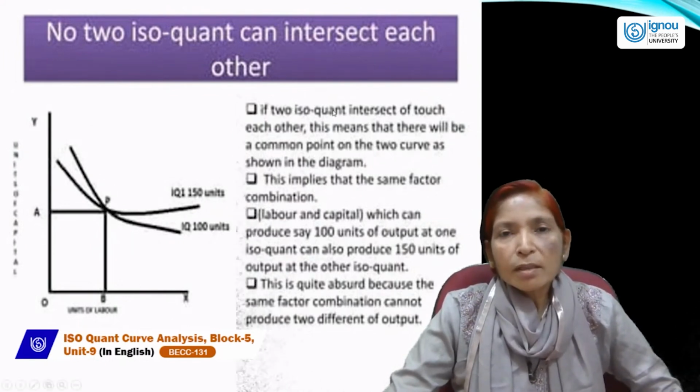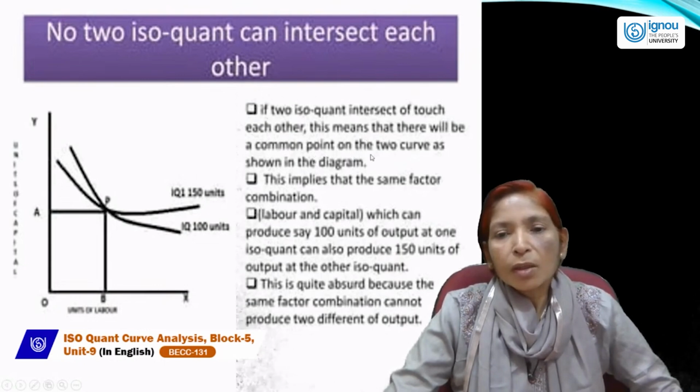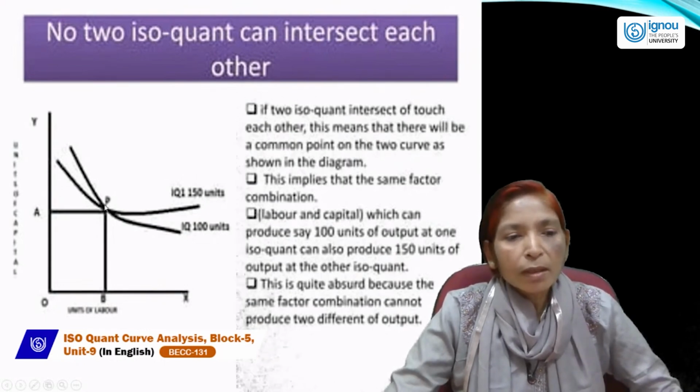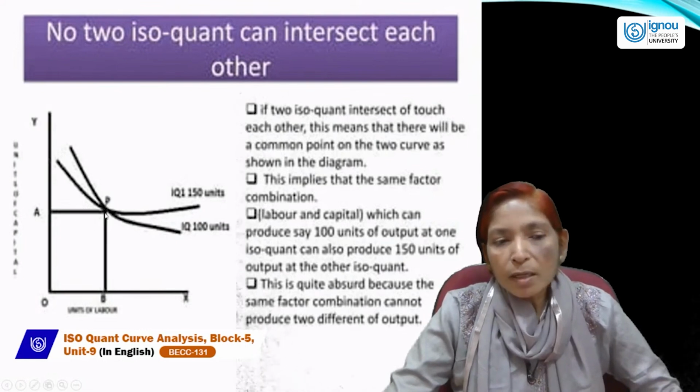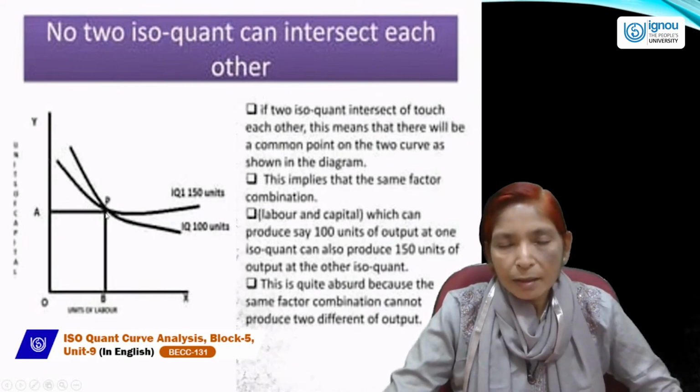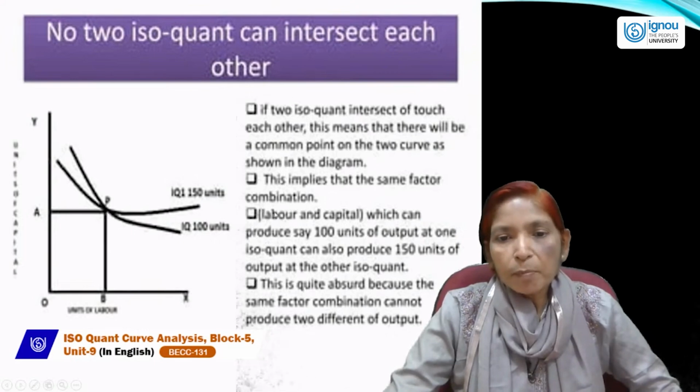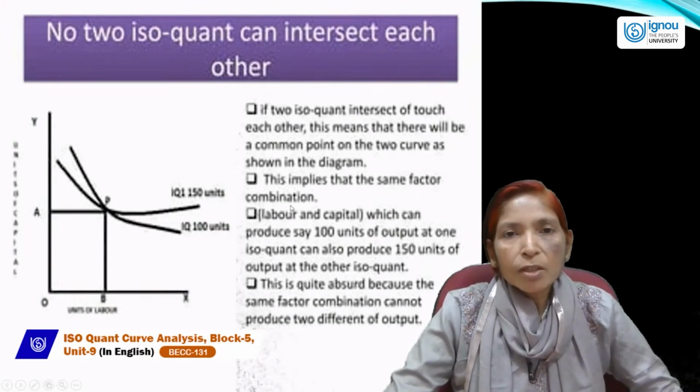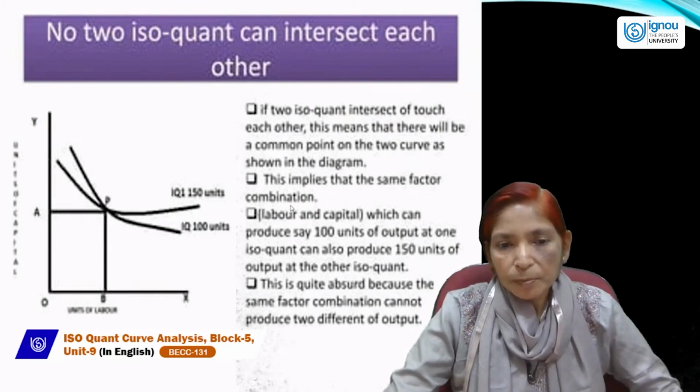If two isoquant curves intersect or touch each other, this means that there will be a common point on the two curves, as shown in the diagram. Here P is the common point where both isoquant curves are intersecting. It implies that the same factor combination is being used for the output.